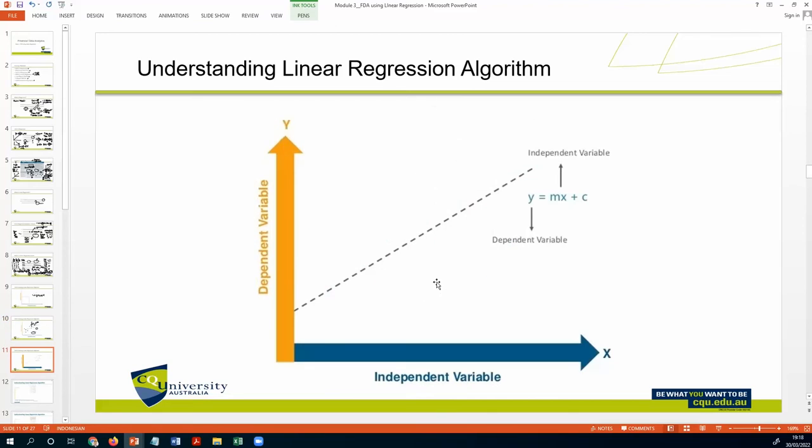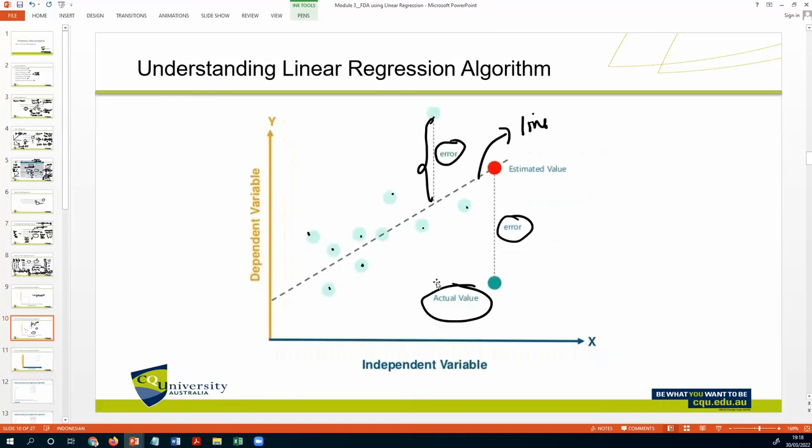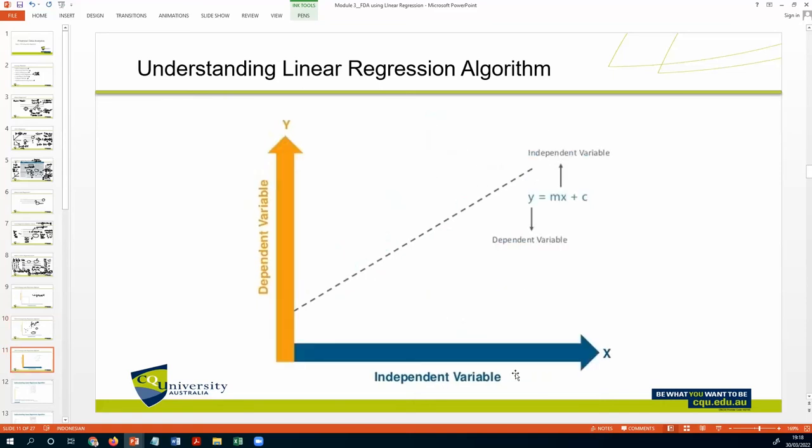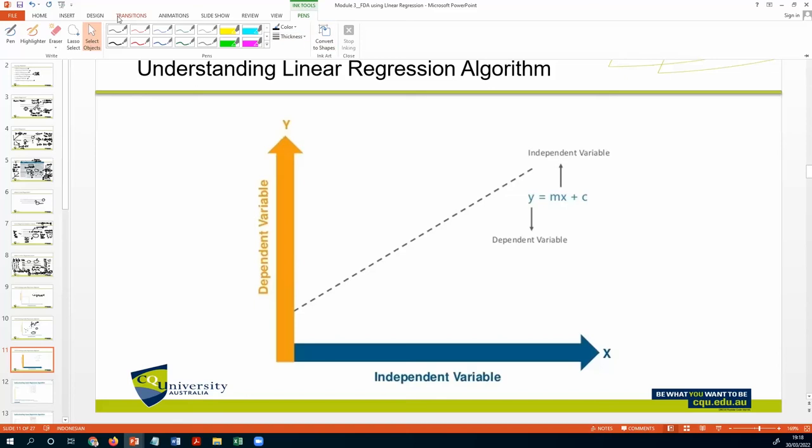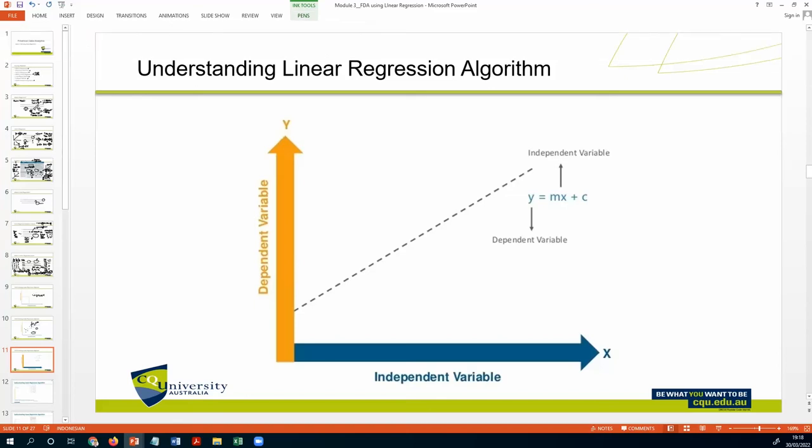And the coordinate is x and y. X is the independent variable. And y is the dependent variable.